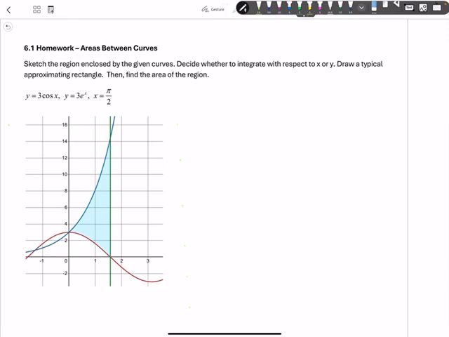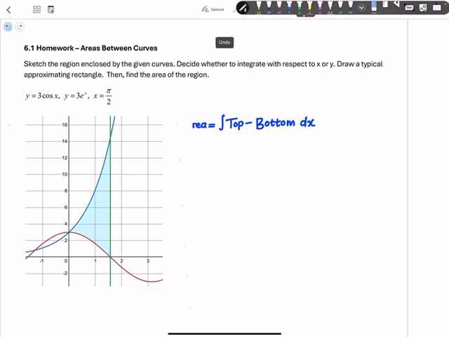The third function, x equal to pi halves, we are going to use as our upper bound. You can see this region can very clearly be calculated as a top minus bottom.